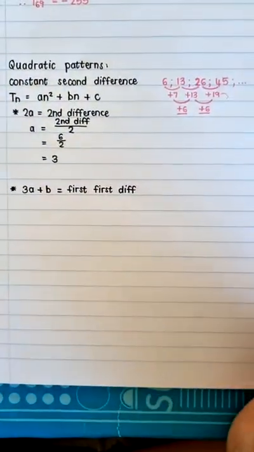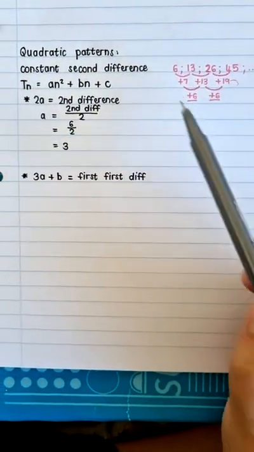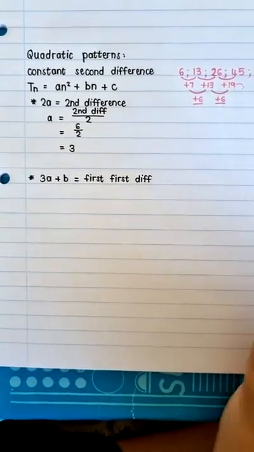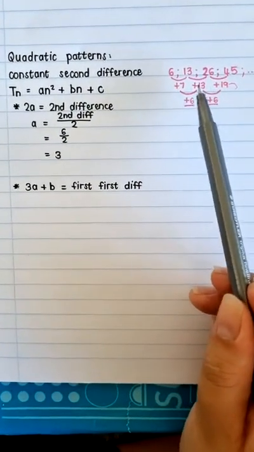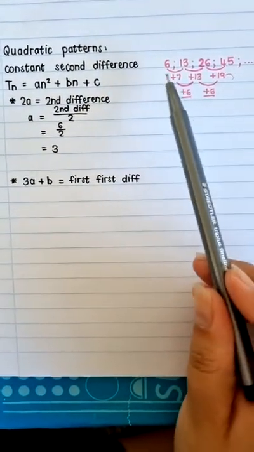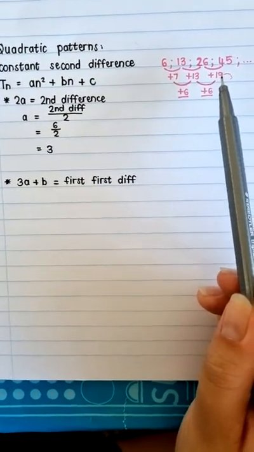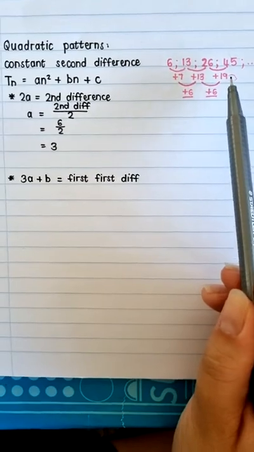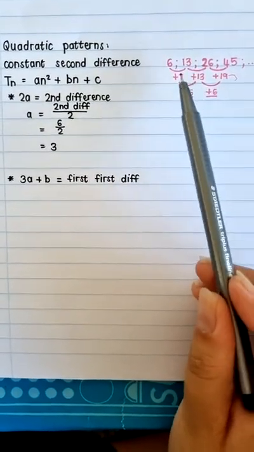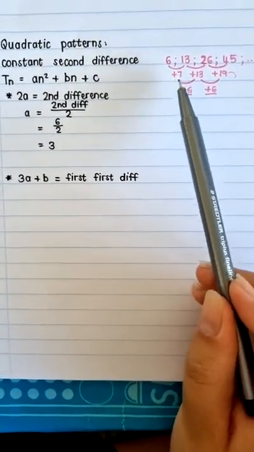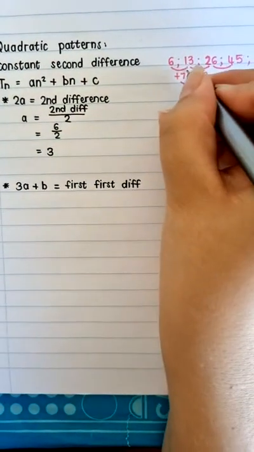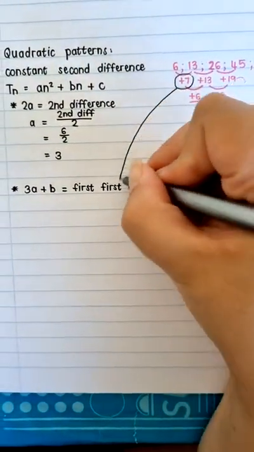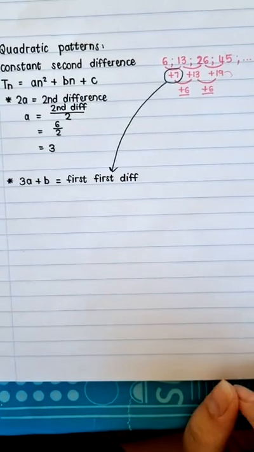But if we're looking at this number pattern here, remember this is the example that we're looking at. Here we have our first differences, right? And remember that they are not constant because we have a quadratic pattern. So 7, 13, and 19. The first one of those first differences was 7. Okay, so this plus 7 is our first difference.